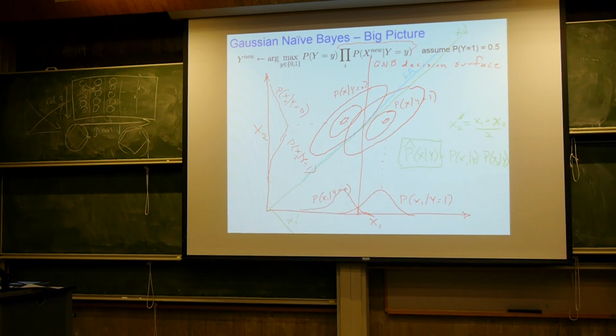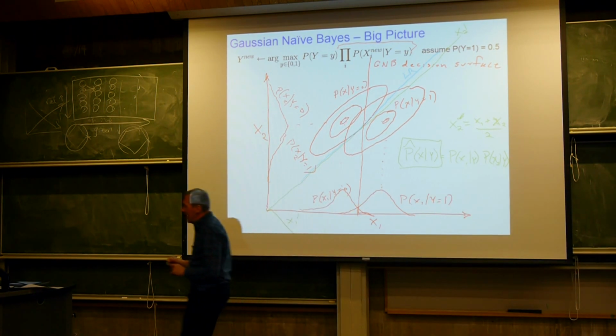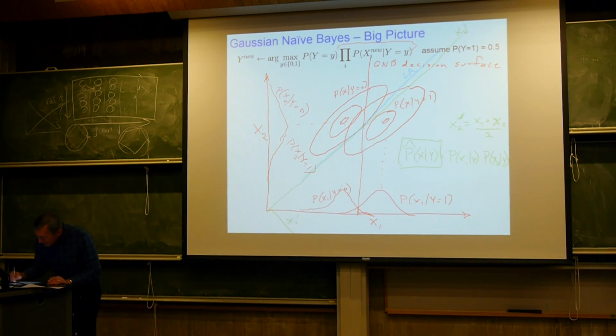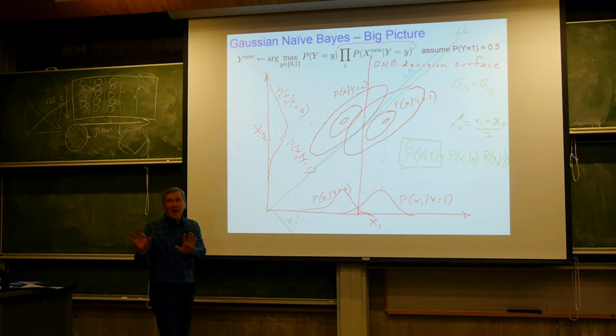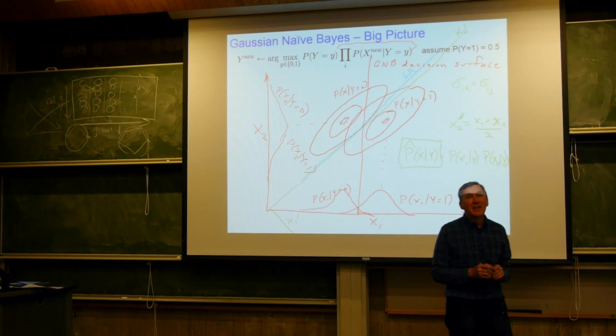Yeah, we can say that if we're making that assumption that sigma for x sub i and y sub k equals sigma for x sub i and y sub j, if we're making that assumption, then Gaussian naive Bayes will always be a line.